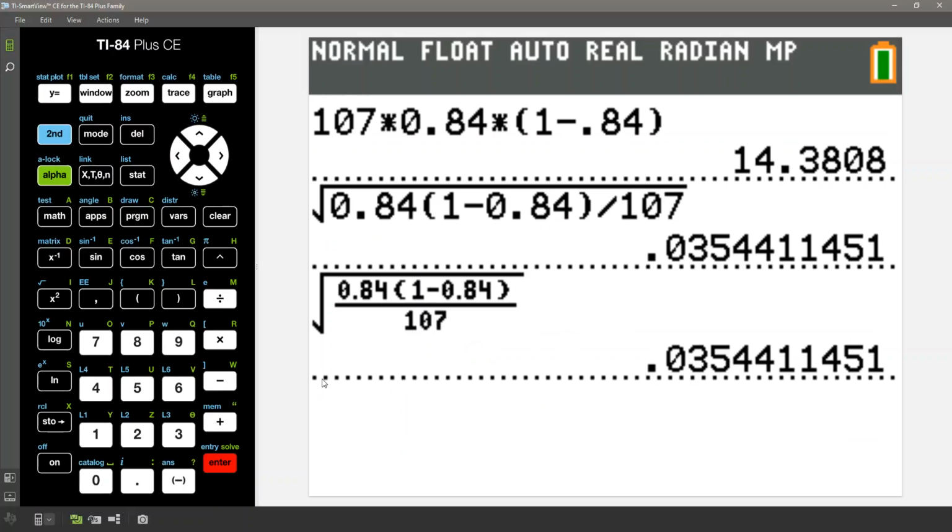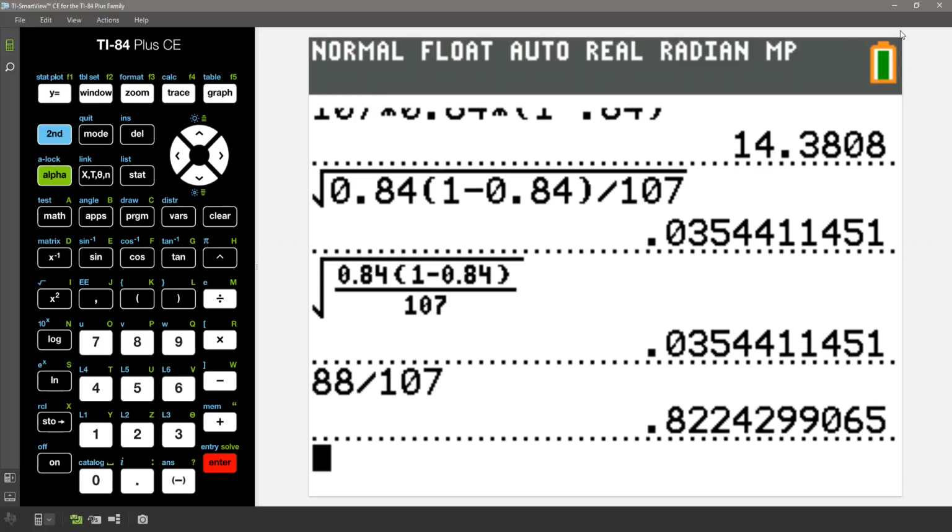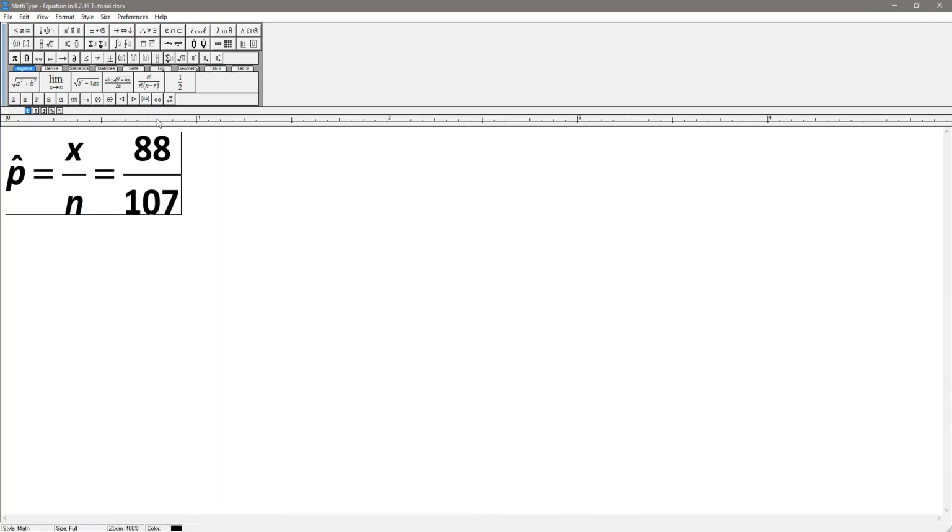So if you take 88 and divide it by 107, you get about 0.8224, which is where I'm coming up with that number on the graph. That's your p hat value.